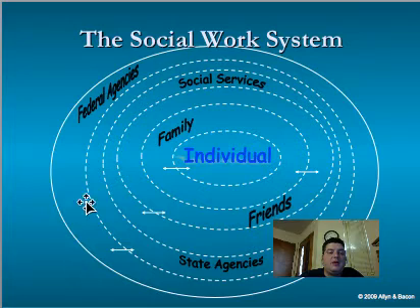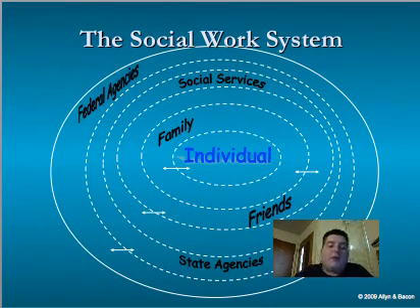And as you see here, there are federal agencies, state agencies, there are social services, there are friends, family, and individual. And so the federal laws affect the state agencies, and federal grants or federal funding comes down to the state level.